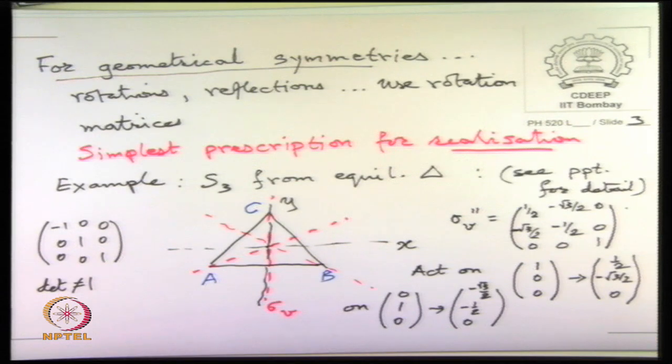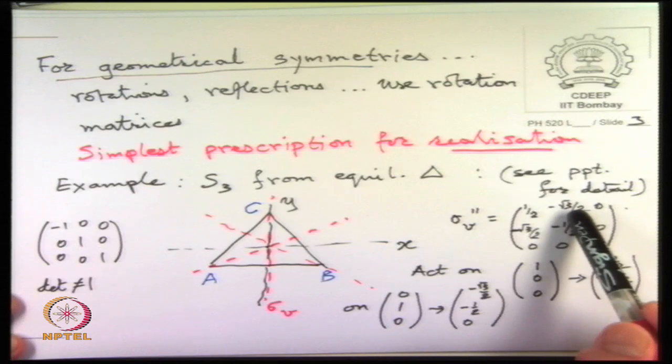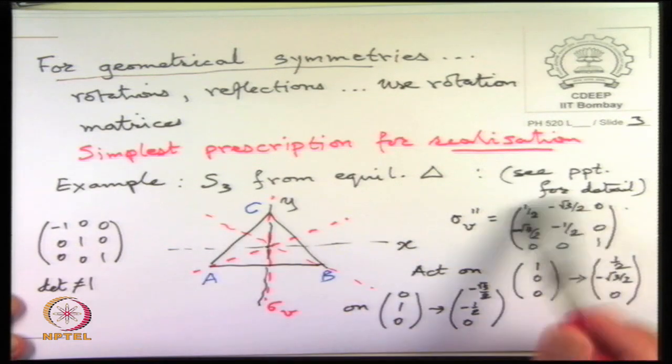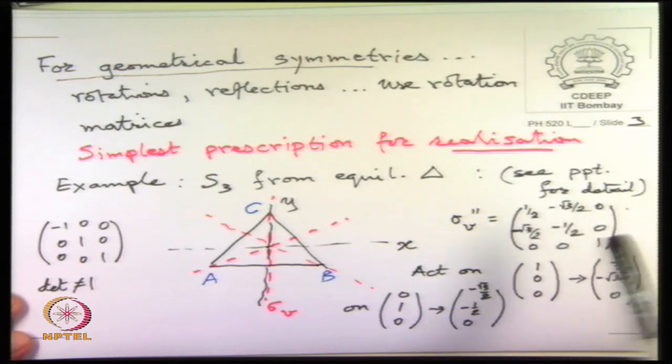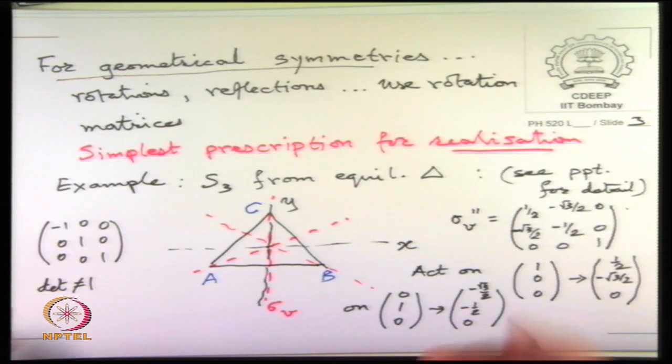So in other words, the question is, what is the eigenvector of this, which is the vector this matrix does not flip, does not change. And so try to figure out whether this is sigma v double prime or this.